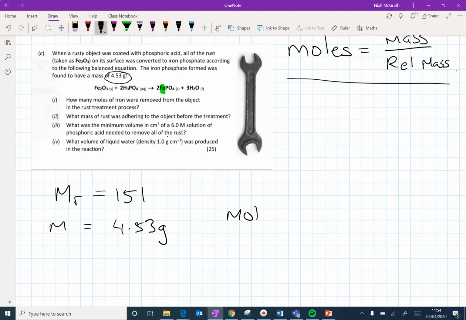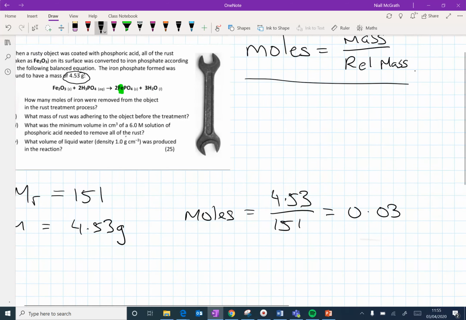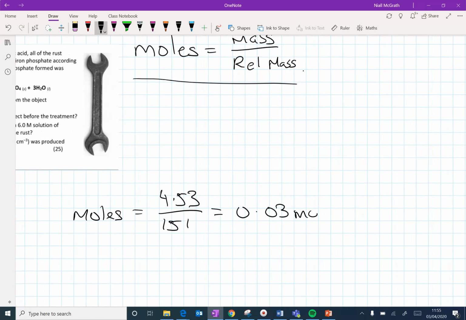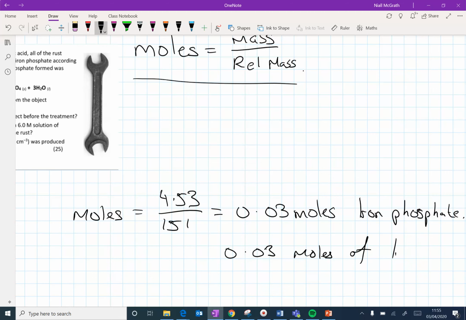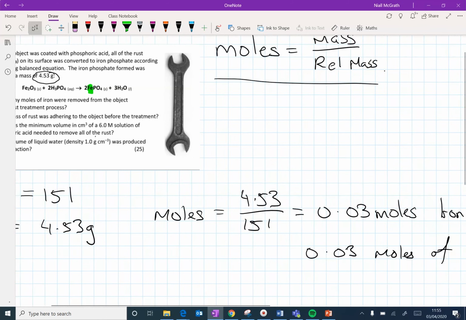So our moles is going to be equal to 4.53 over 151, and that gives you the answer of 0.03 moles of iron phosphate. So that's 0.03 moles of iron, and that's your answer to part 1.